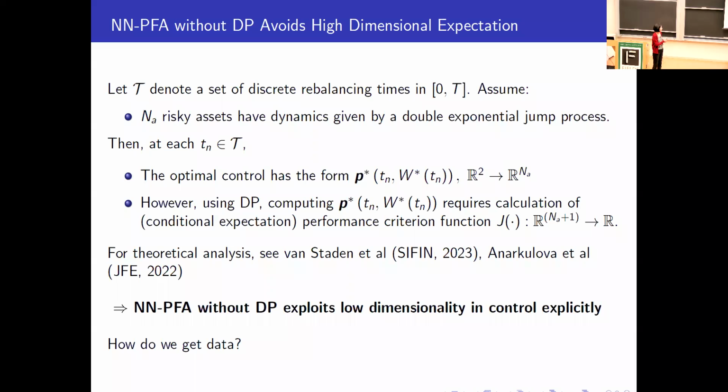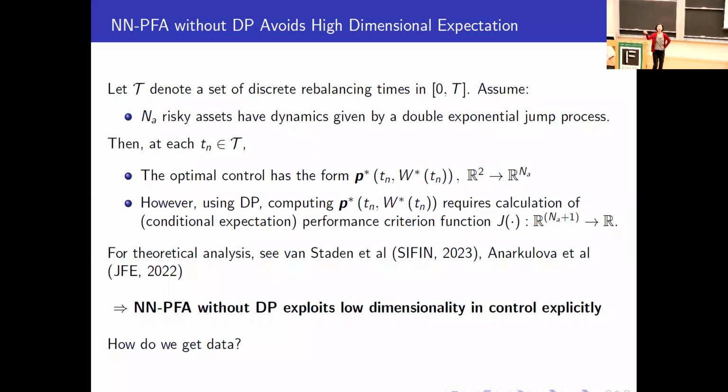So using the dynamic programming approach, you will need to compute the conditional expectation at every rebalancing time over what is called a performance criteria, which is this conditional expectation, and the dimension of that function, the conditional expectation, is the number of assets plus 1 if time is one of the feature variables.